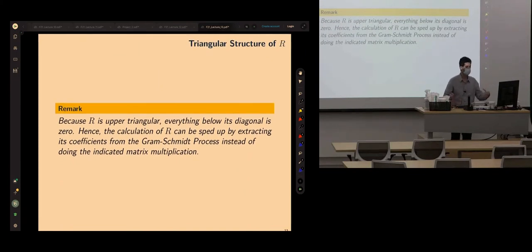So to answer your question again, Emerald, this is the journey we are on for today. Hopefully, by the end of today, you will get your answer. Triangular structure of R: R is upper triangular. Everything below its diagonal is 0.